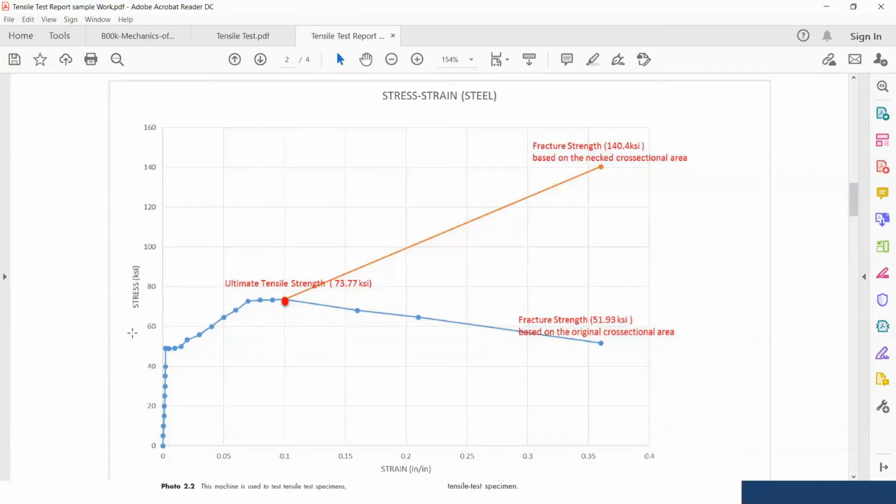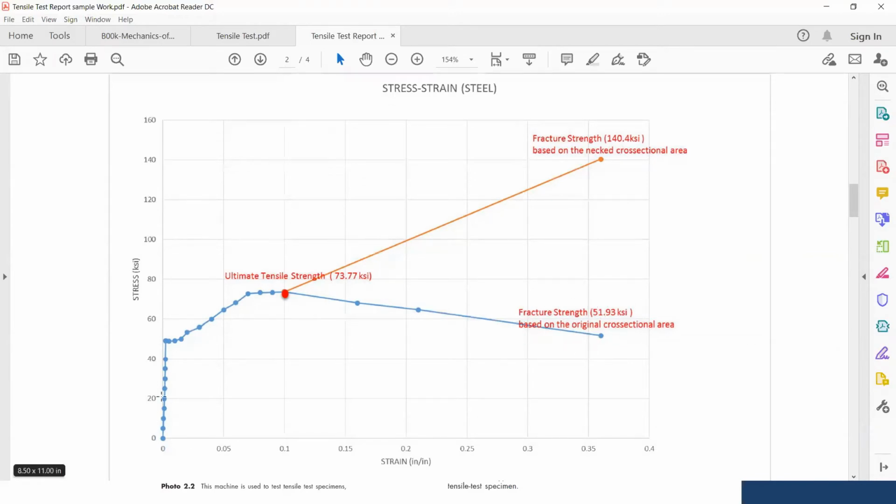If I apply 73.77 KSI stress on this material, if it's a beam, girder, or column, I know it can withstand up to 73.77 KSI. But eventually, if you sustain this load, it's giving up and it will fracture at lower loads, lower stress.